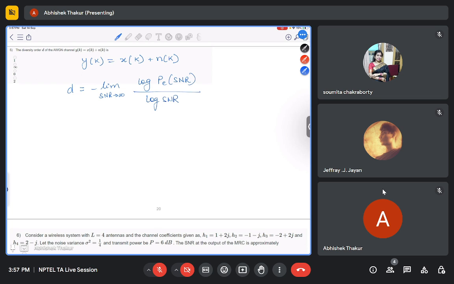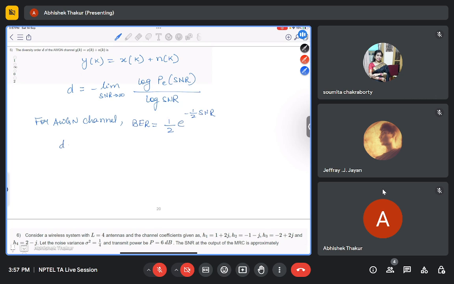For the AWGN channel, the bit error rate is given as, we have studied the formula, the approximate bit error rate is given as half e to the power of minus 1 by 2 of SNR.